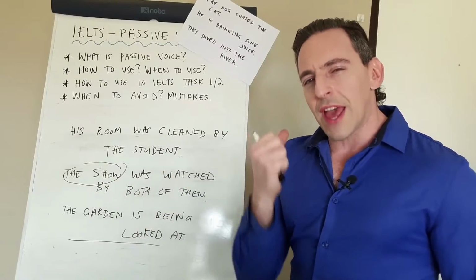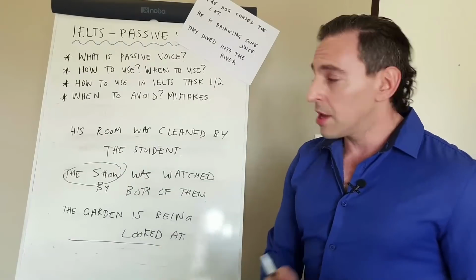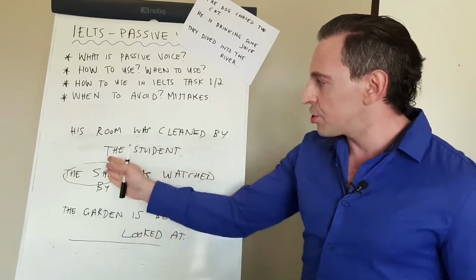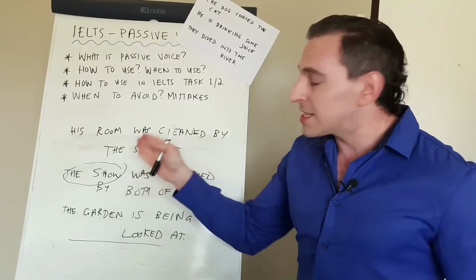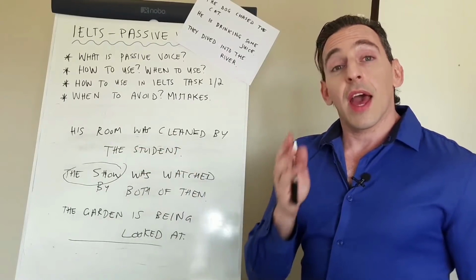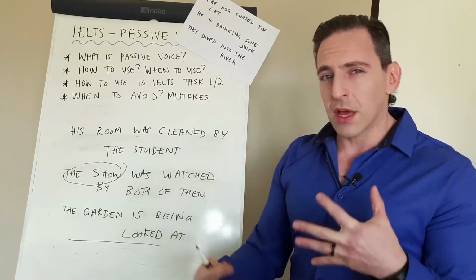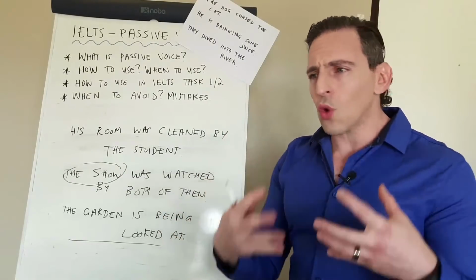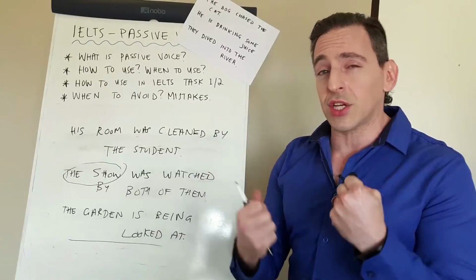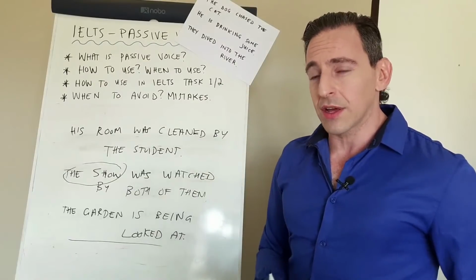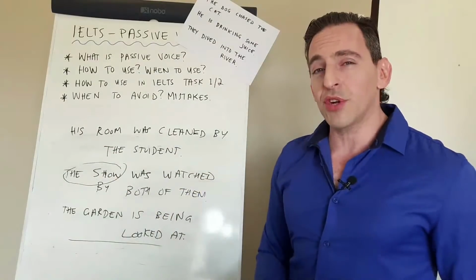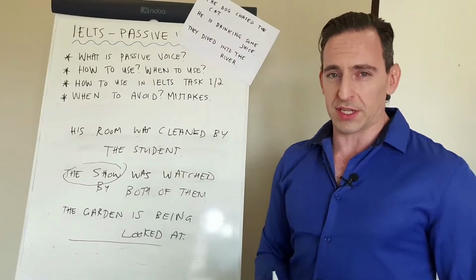So if you want to emphasize the object, you use passive voice. The show, whatever the show was, is the most important thing here. And we're going to talk about that for IELTS as a way to connect reasons or examples, and to connect your paragraphs together by making the object the important part of the sentence.